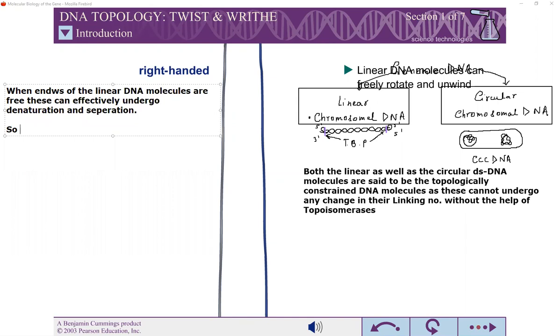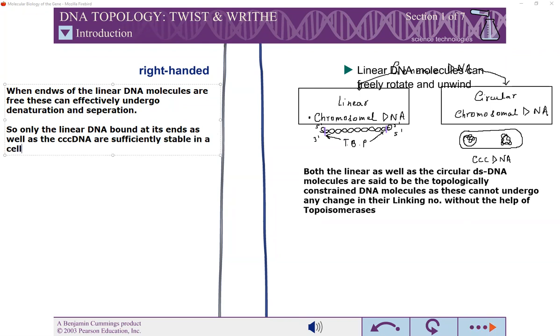So only the linear DNA bound at its ends, as well as the circular, as well as the CCC DNA, are sufficiently stable in a cell.